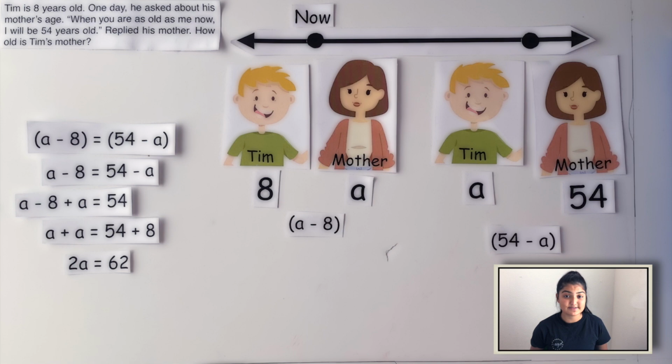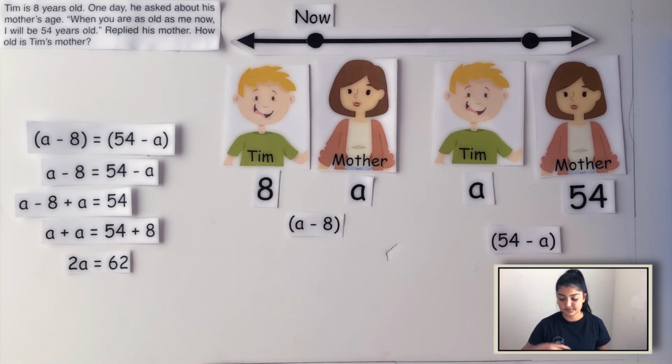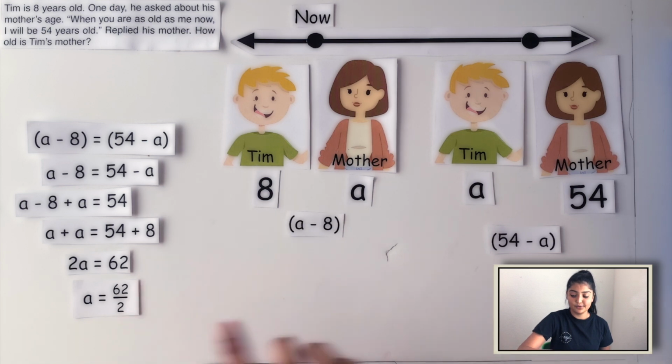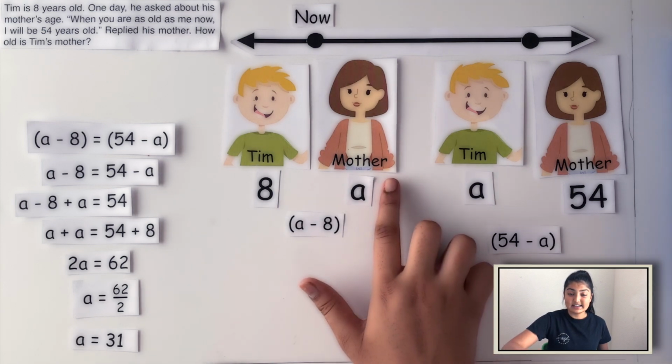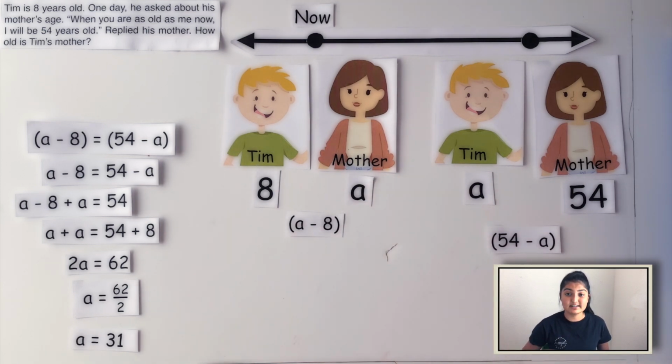But we want to find the value of A. So let's bring 2 to this side of the equation. A is equal to 62 over 2, or A is equal to 31. So now we know that Tim's mother is 31 years old.